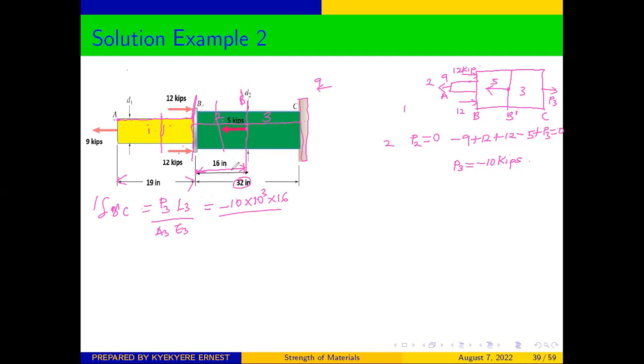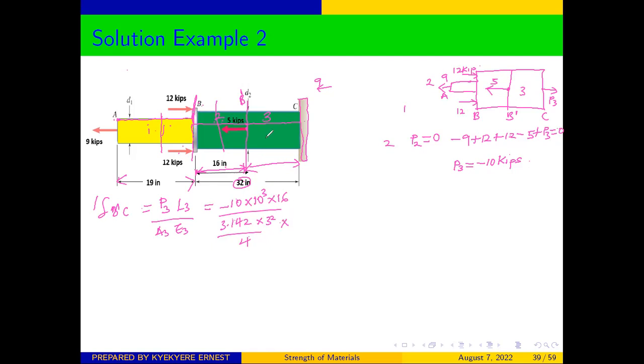So we just subtract 16 from 32, and that will give us the length of this portion. So that will be 16 over 3.142 times the diameter, which is 3 squared, all over 4, times the modulus of elasticity for that material.